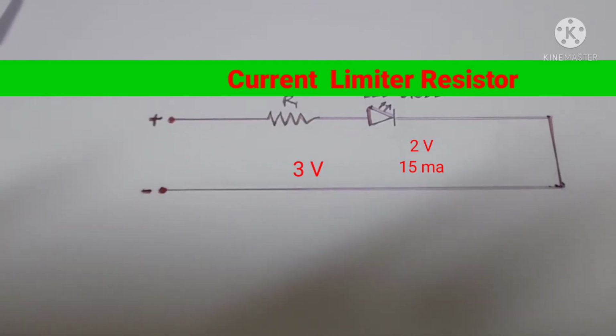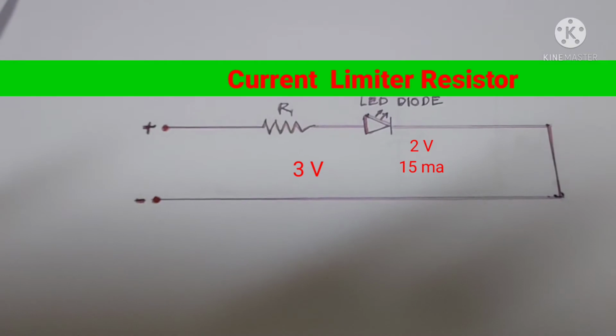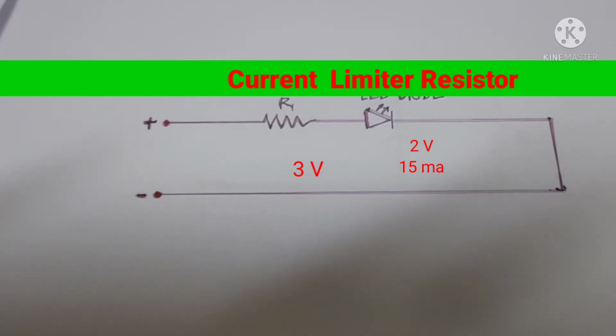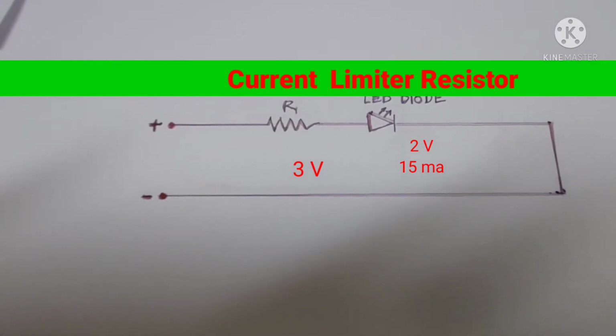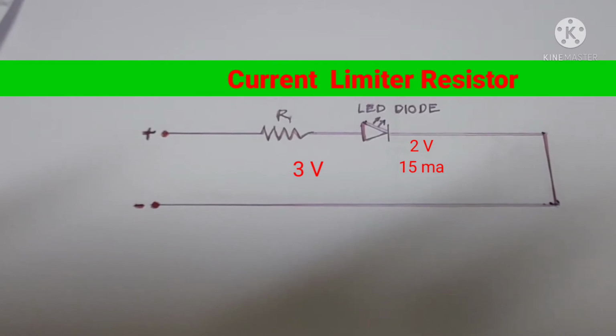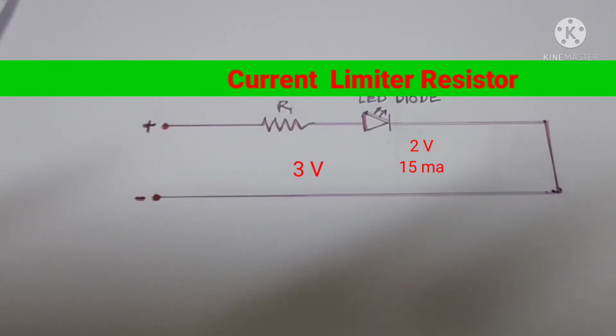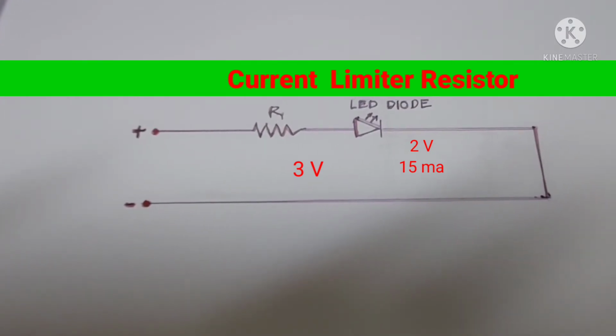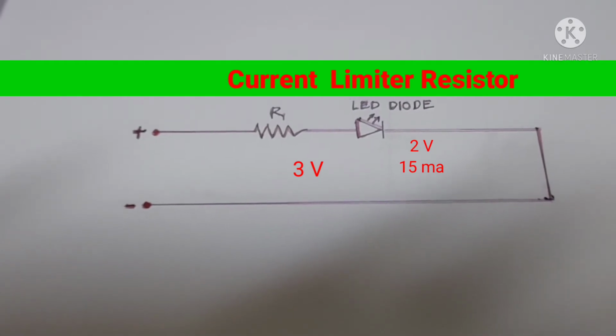The resistance equals the voltage over the current. This is an example of a current limiter in the circuit.